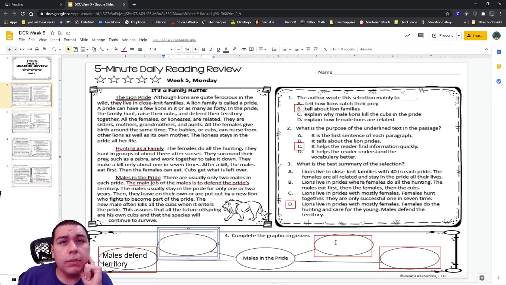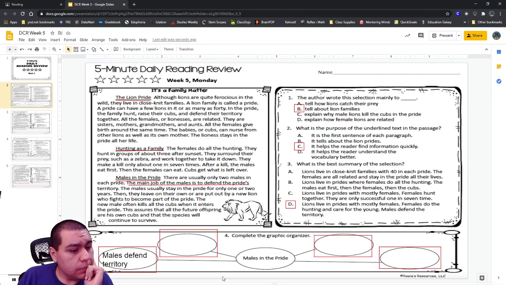I still have 3 more circles to fill. Who can give me another fact about the male lions that they tell me in the passage? So I know for a fact they defend the territory. What is another thing that male lions do in the passage? Alexa? Okay.